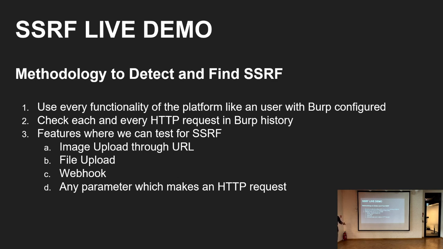The parameter can vary. It can be url, it can be server equal to, it can be anything. So you have to go through all the HTTP requests that the web application is making. The common features where you can test for SSRF are file upload through URL, image upload through URL, webhook, or any parameter which makes an HTTP request.